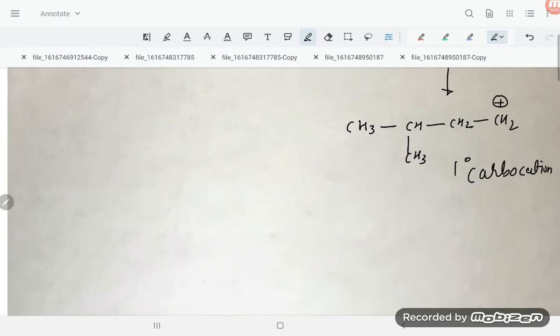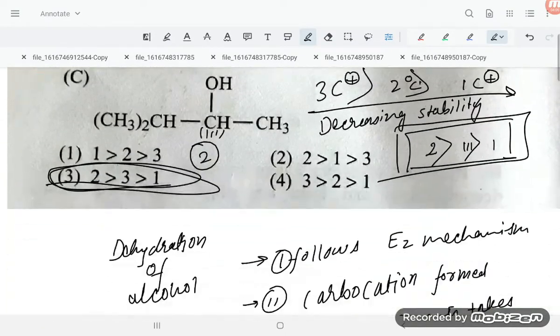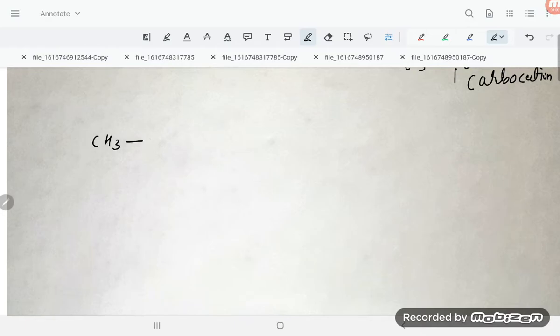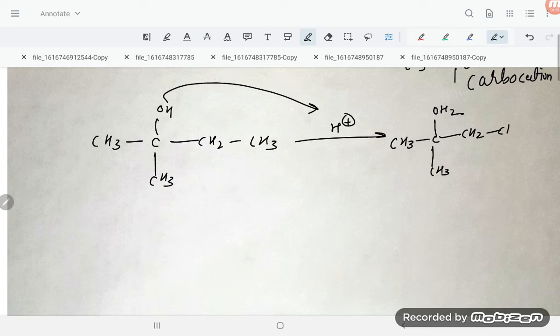Next you see option B, a 3 degree alcohol. In the 3 degree alcohol you can see CH3, C, here is OH, here is CH3 and then CH2 and finally CH3. If you take H plus, it absorbs here, forming the protonated alcohol CH3C, OH2, CH3, CH2, CH3, with the positive charge.